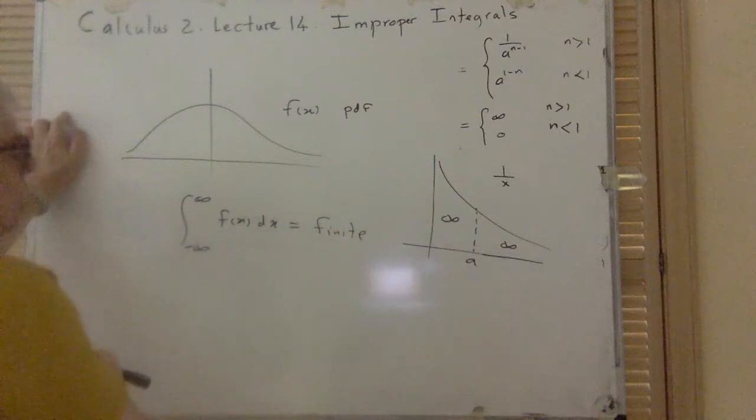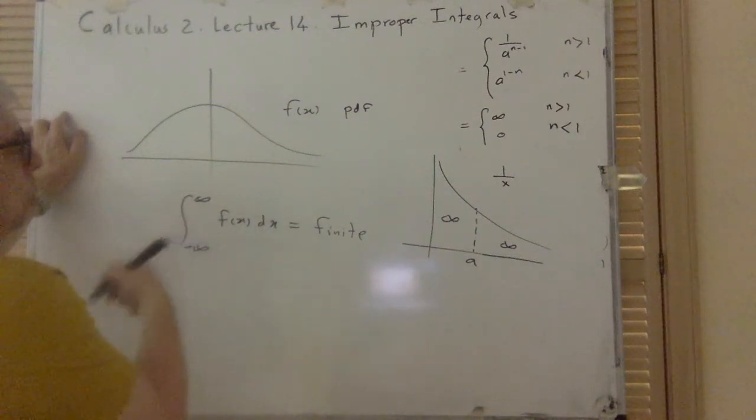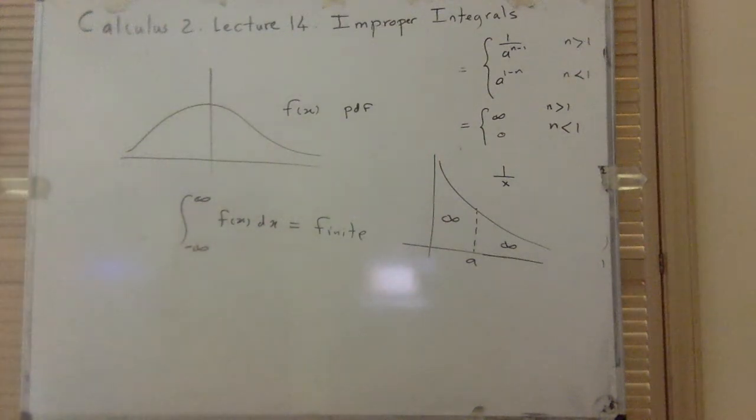But how do we define this? We define it from both sides. So we say from A to B, as A goes to negative infinity and B goes to positive infinity. You can write it with both A and B, and let both of them go to infinity.